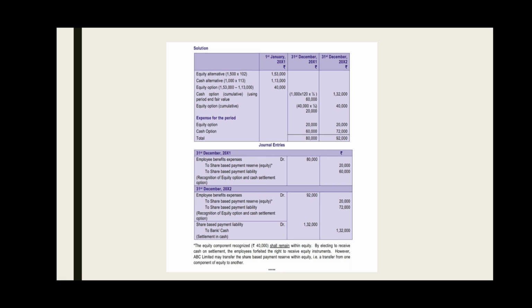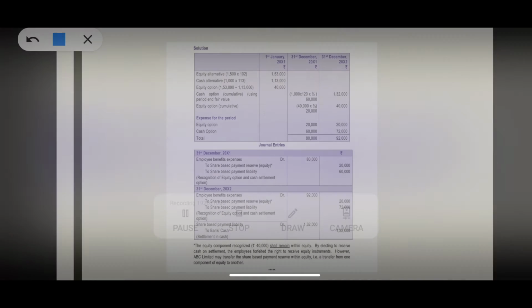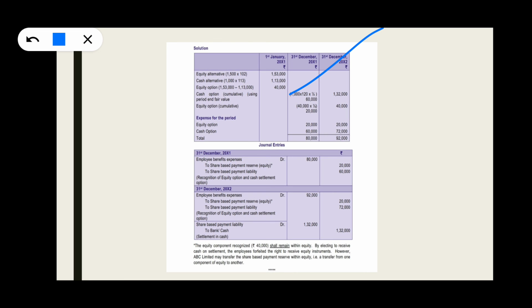So the journal entry for this year is employee benefit expense account debit 80,000, to SBP reserve account 20,000, to SBP liability account 60,000. So this much will be recognized. Later, at the end, they said all employees have exercised the stock appreciation right.